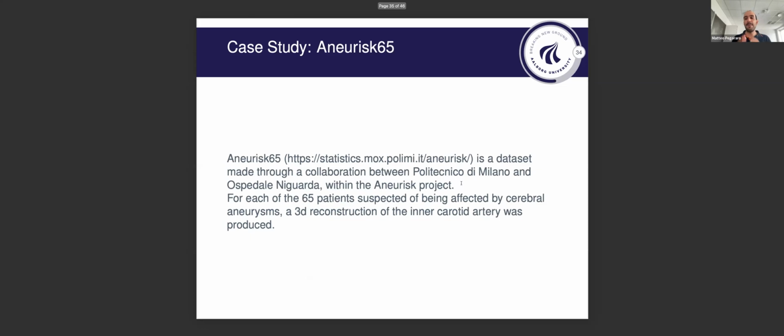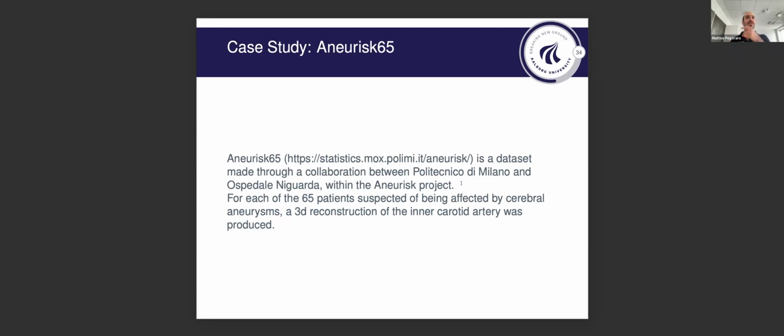We consider a benchmark case study in this field of functional data analysis, which is a data set realized by Politecnico di Milano in collaboration with a hospital, Niguarda Hospital in Milano. It's a data set that collects the 3D reconstruction of 65 inner carotid arteries, which were suspected of having cerebral aneurysms.